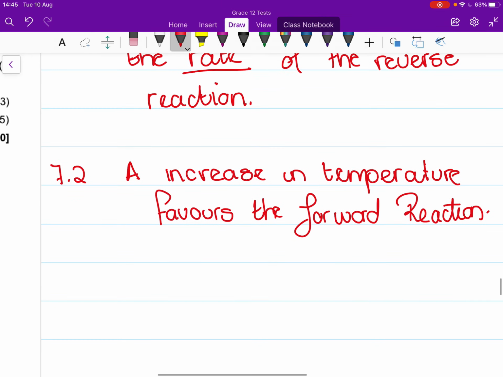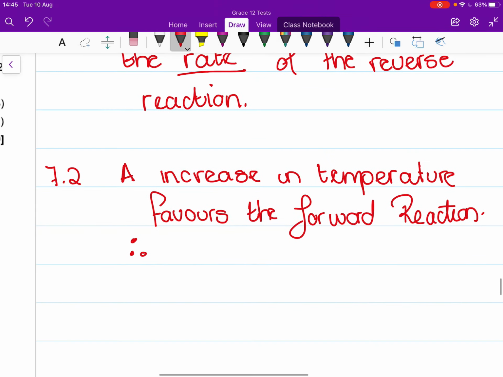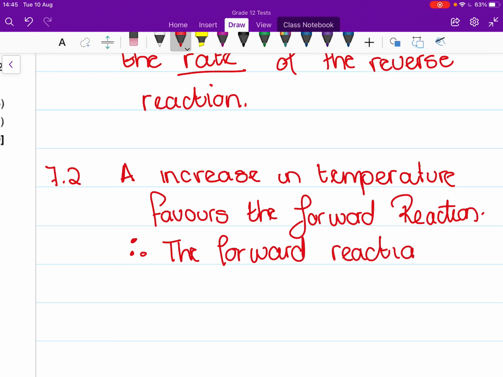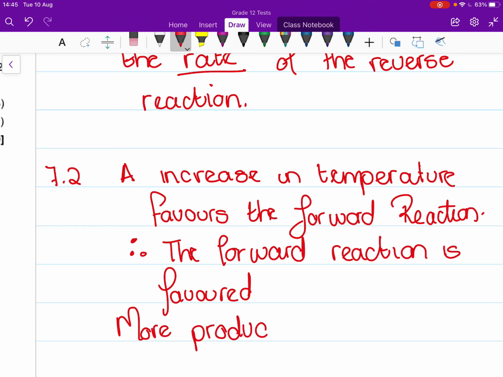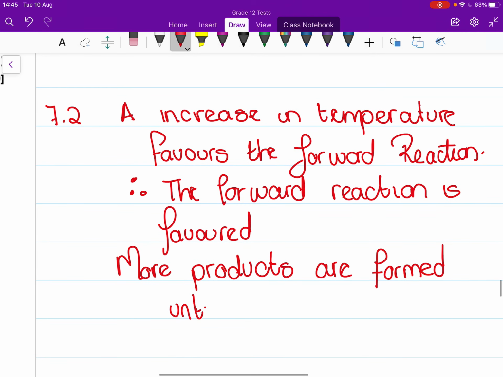Okay. Therefore, the forward reaction is favored, more products are formed until a new equilibrium is reached.